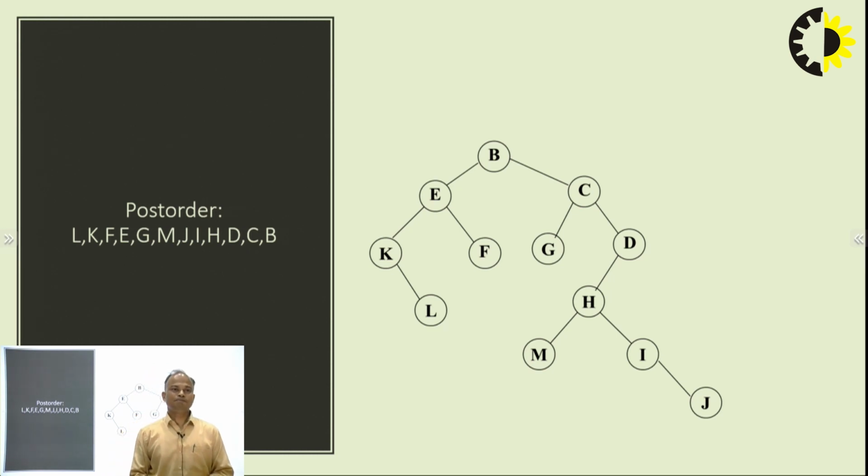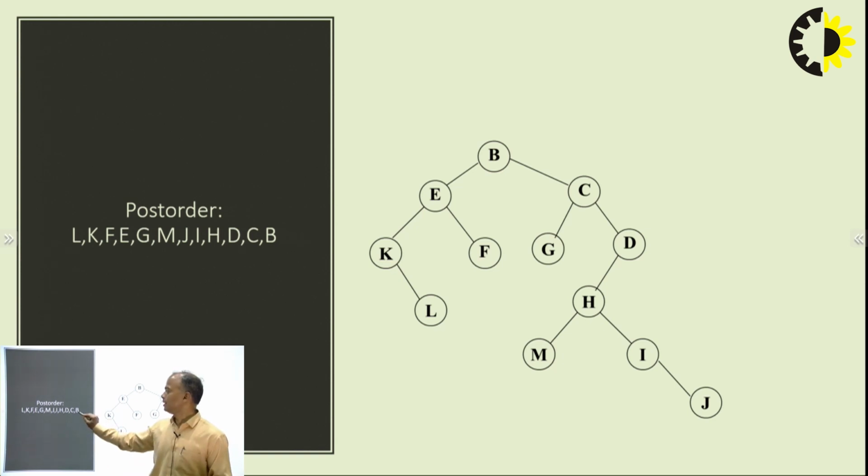Now, I'm sharing an important conclusion of these traversal algorithms. If you observe, if a post-order sequence is given, whatever value you have at the last is always the root.